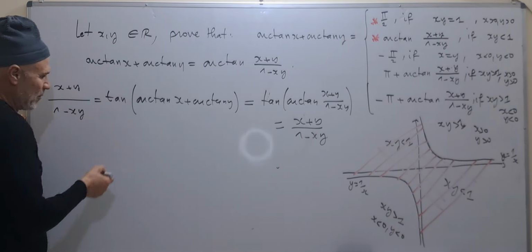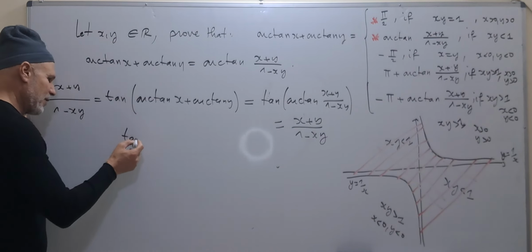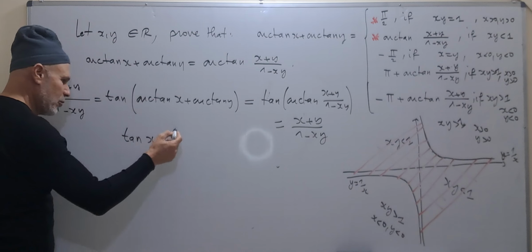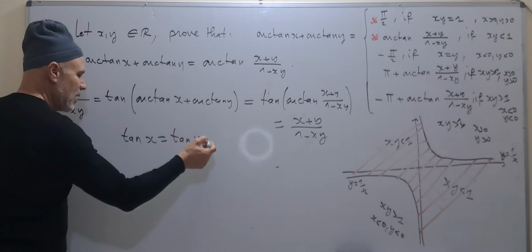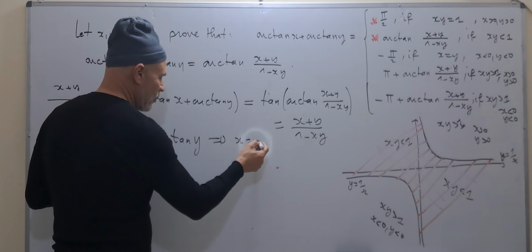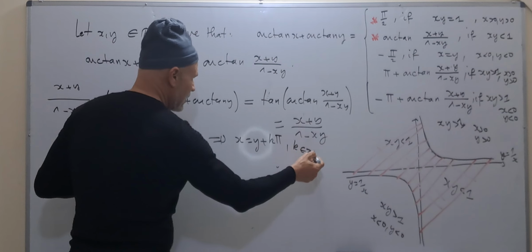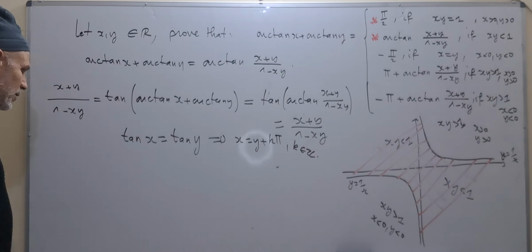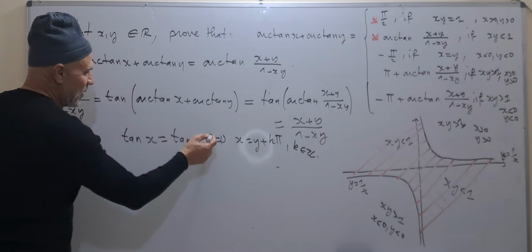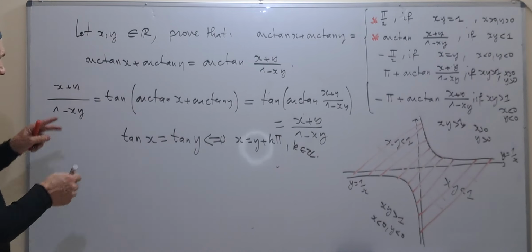And we know from primary high school that if we have tangent x equal to tangent y, this implies that x is equal to y plus kπ, k in Z. We have actually an equivalence if they are equal.